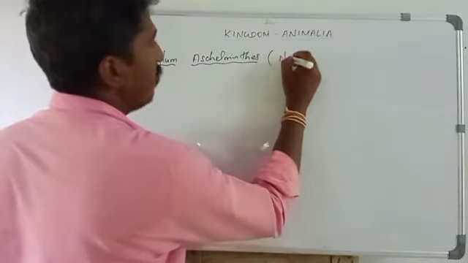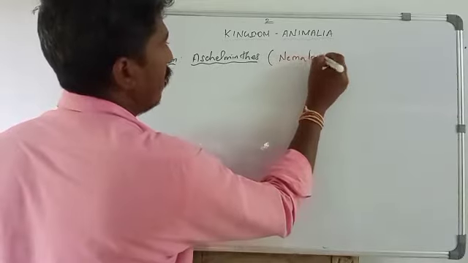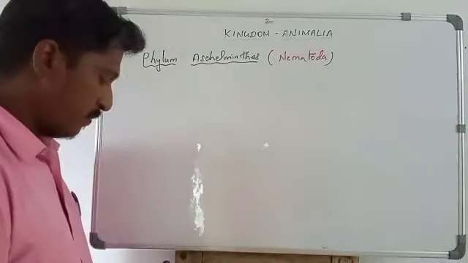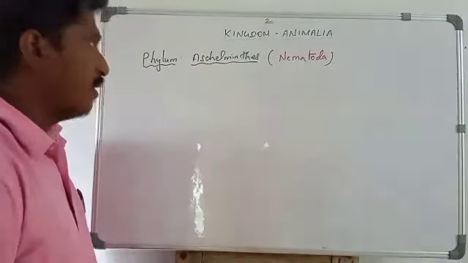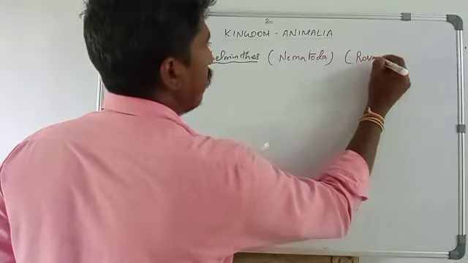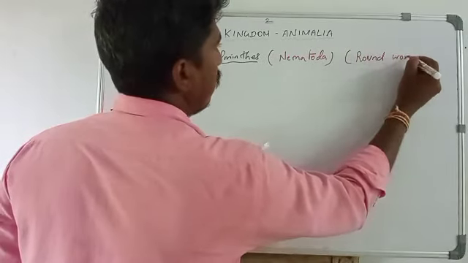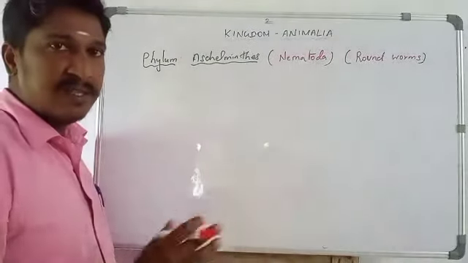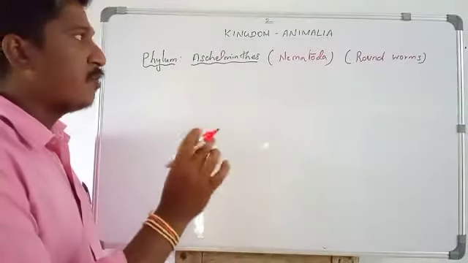Formerly it was called Nematoda, now we call it Ascomynthus. It is also called roundworms, because the animal's cross section looks like a circular shape.